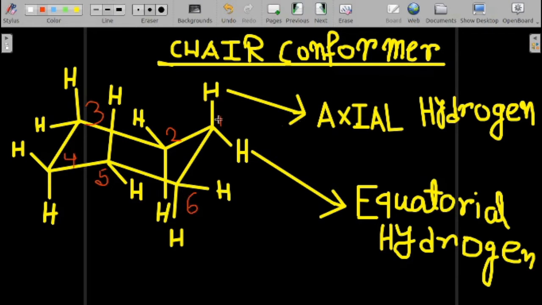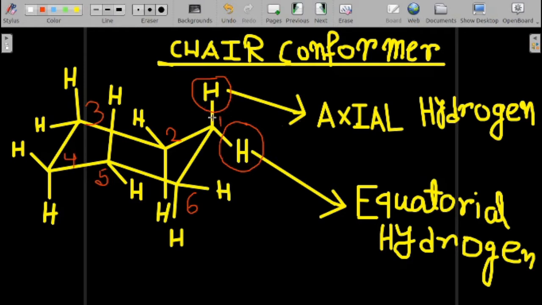So in this conformation there are two types of hydrogens present. One is axial hydrogen and another is equatorial hydrogen. Sorry, this is an equatorial hydrogen, and this is an axial hydrogen. Equatorial hydrogen is present in the equatorial plane, and axial hydrogen is present in the axial plane.